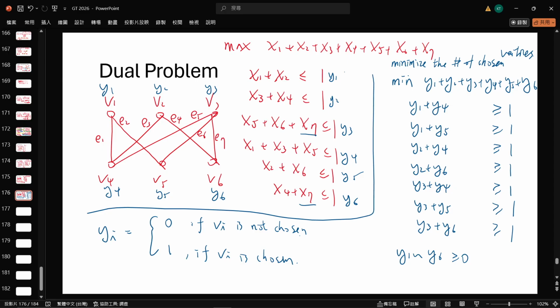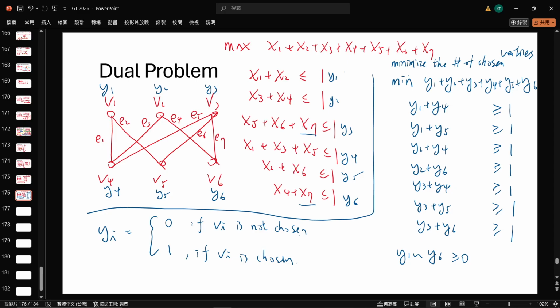Because we have this definition, basically the left-hand side is just the number of endpoints that you choose from that edge, okay? So y1 plus y4 is the number of endpoints that you choose for E1.